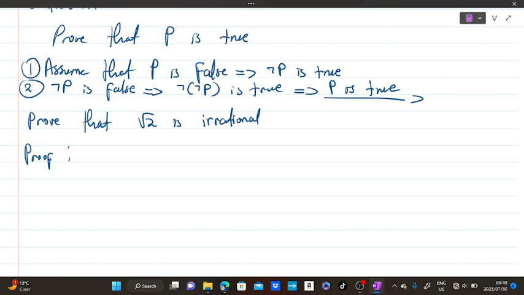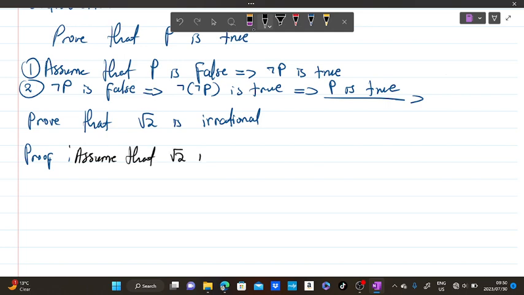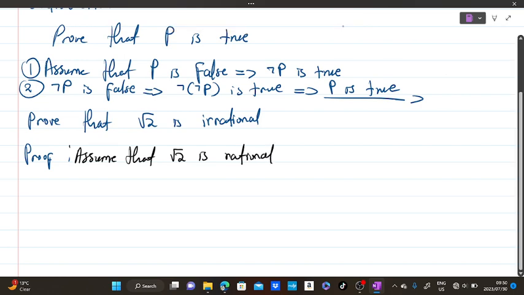We assume that the statement is false, so we're going to assume that root 2 is not irrational. That's the first step that we should do. We must assume that the statement is false, or we must negate the statement.